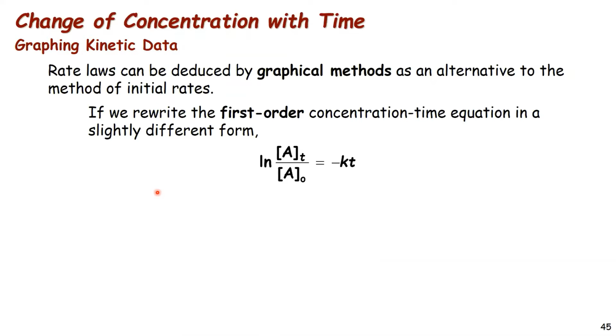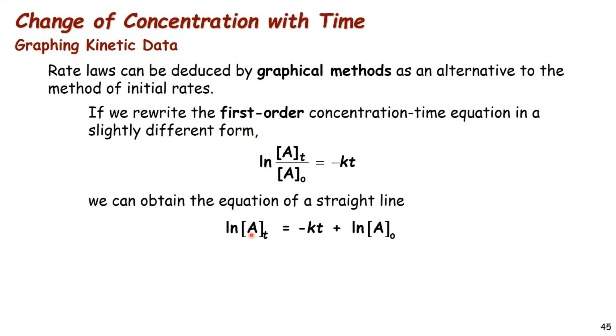A line is y equals mx plus b, where m is the slope and b is the y-intercept. So we need to somehow change this equation into a linear relationship. Well, a property of logs basically says this is the natural log of the concentration at time t minus the natural log of the initial concentration, right? So we could rewrite it like that.